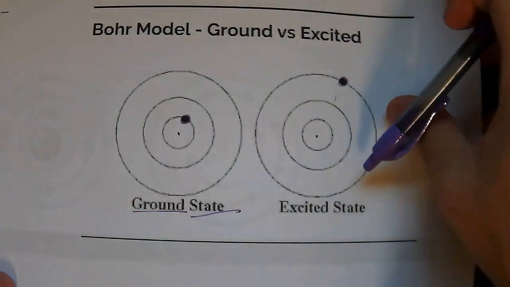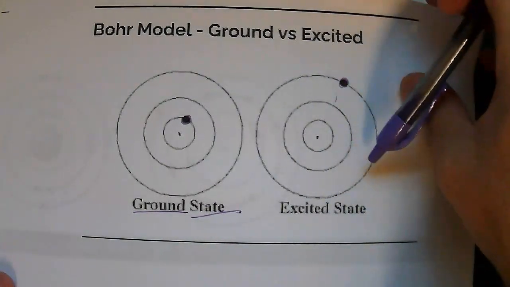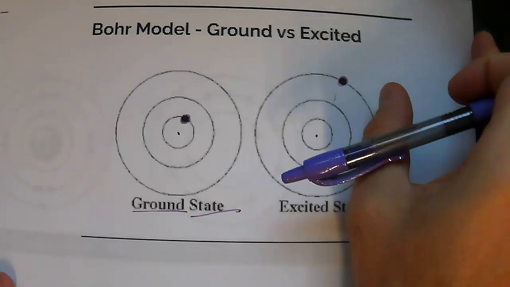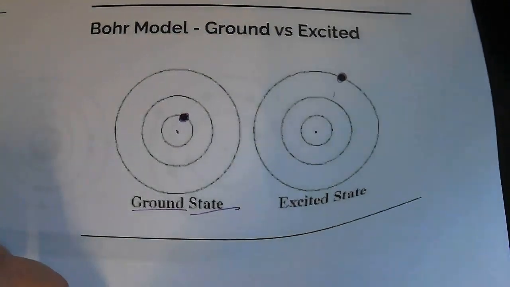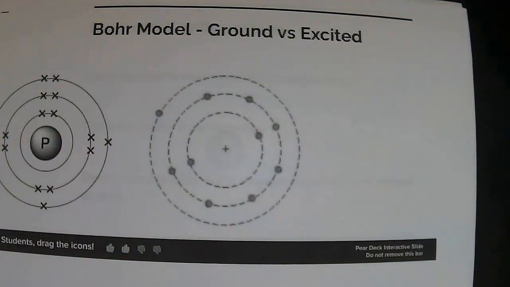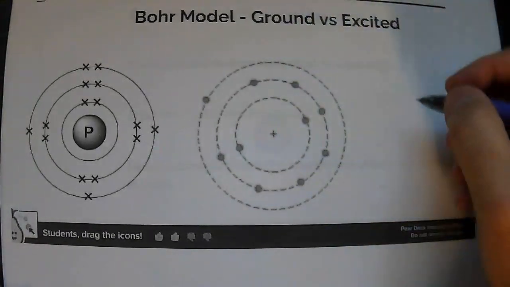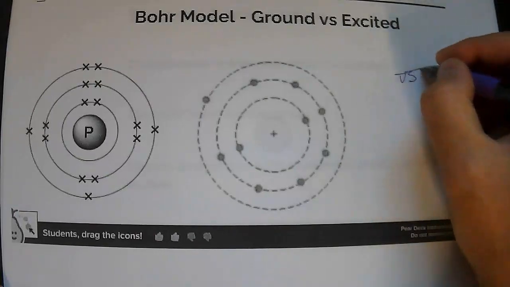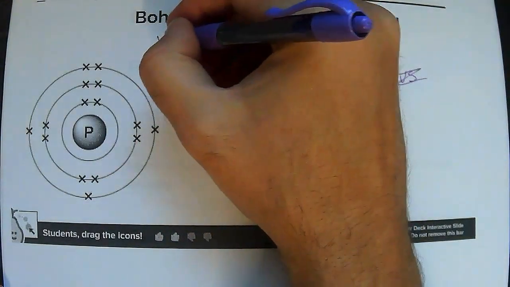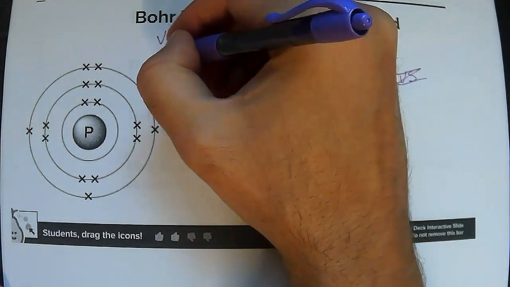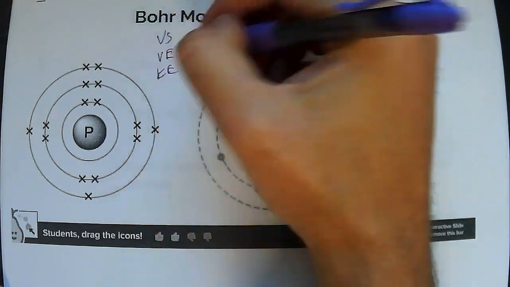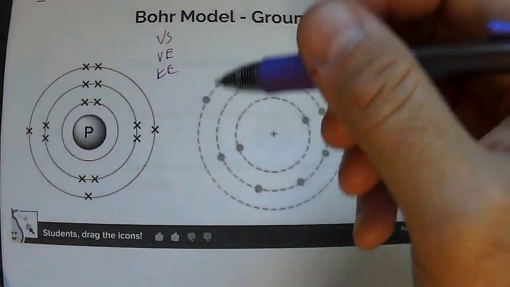Now let's take a look at some of this electron configuration stuff using the Bohr model. And not only that, but now we can do valence shell, valence electrons, kernel electrons, just for this one over here. That's not the question, but let's take a look.